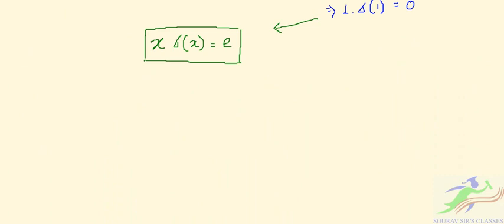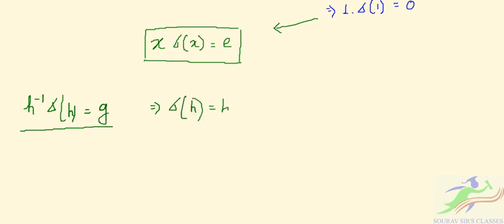So we are given h inverse sigma of h is equal to g, right? It is given. Now sigma of h is h inverse, right? As per condition 2, sigma of h will be h inverse. So if we put the value over here, h inverse is equal to g, right?